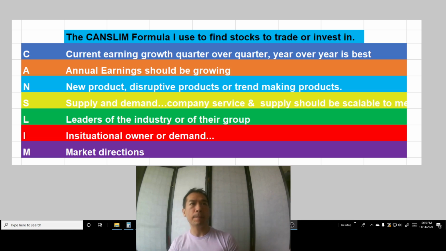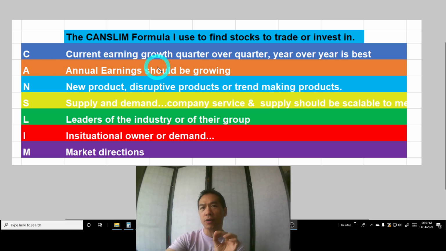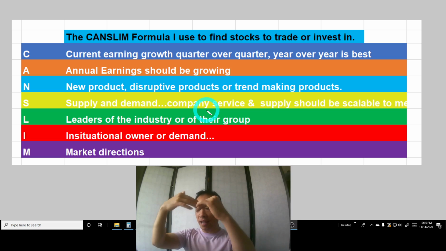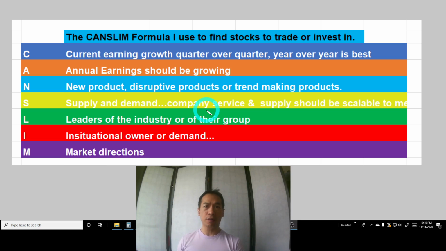Okay, so CANSLIM. C stands for current earnings growth, quarter over quarter, year over year is best. What it means is you don't want to invest in a company that loses money or doesn't make any money for the investors. When investors invest in stocks, they want to profit.